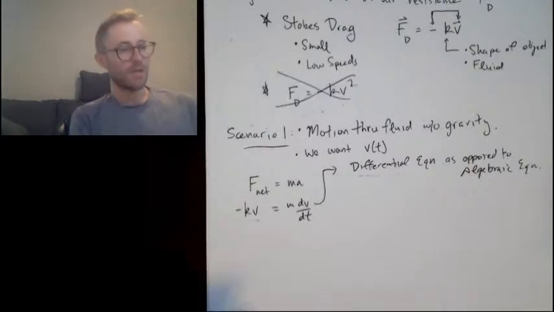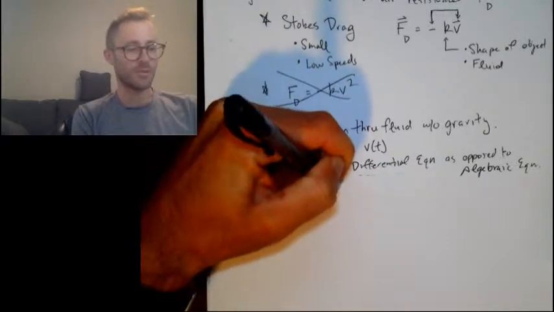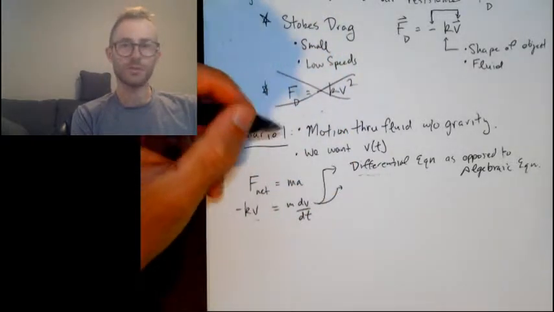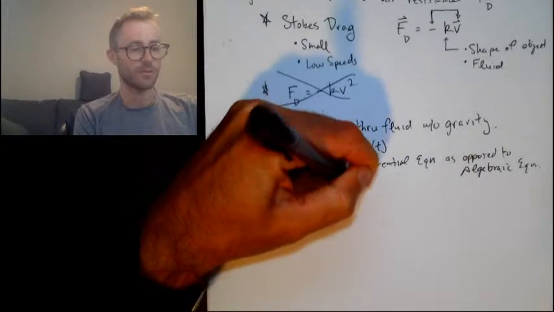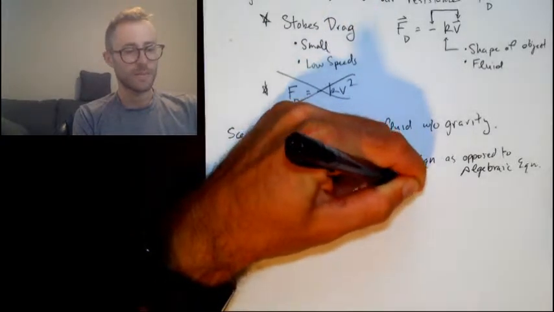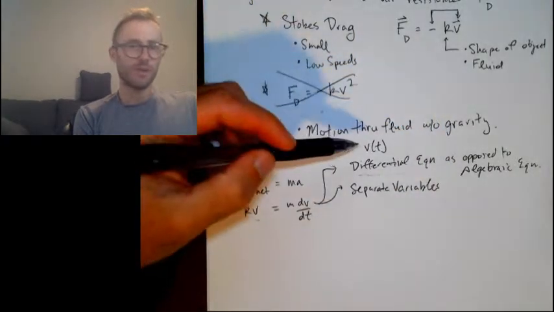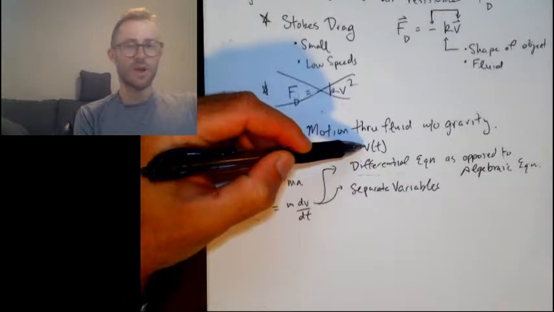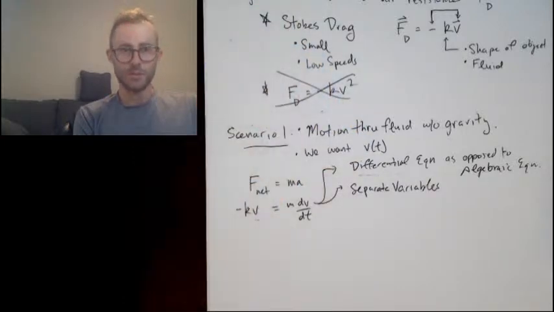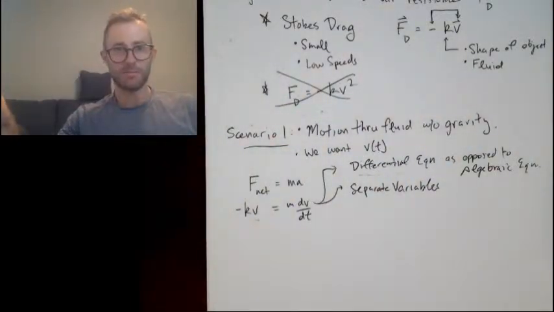So how do we solve a differential equation like this? Well, what we want to do is what's called separating the variables. When we separate the variables, see how velocity as a function of time is what we're looking for. So we're going to put velocity on one side of the equation and time on the other.